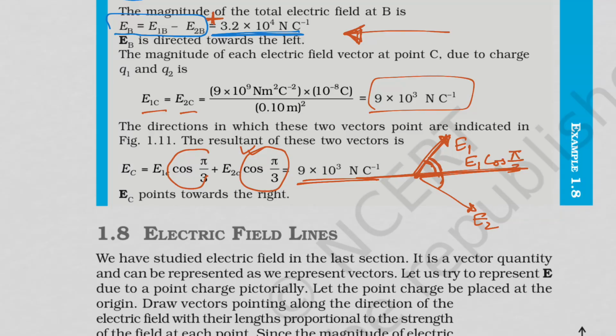So the projection of E1 on the horizontal line, which is the direction of the final electric field, is E1 cos pi by 3, and for E2 also it will be E2 cos pi by 3. That's why we are adding E1 cos pi by 3 and E2 cos pi by 3 here, as you can see.